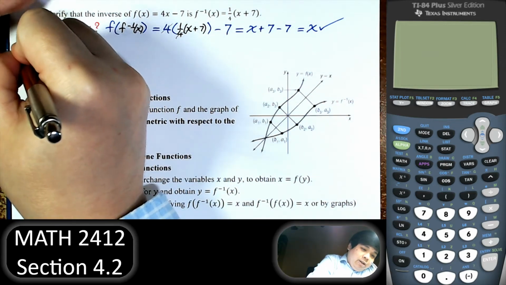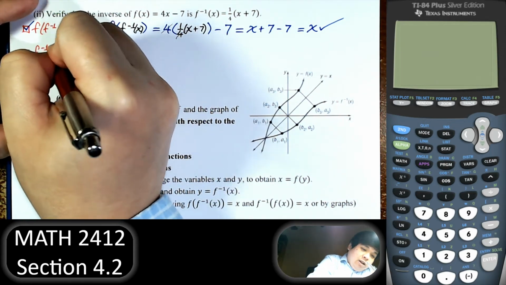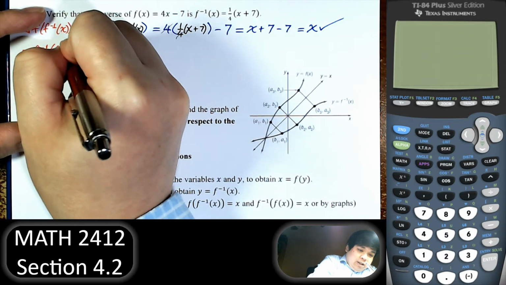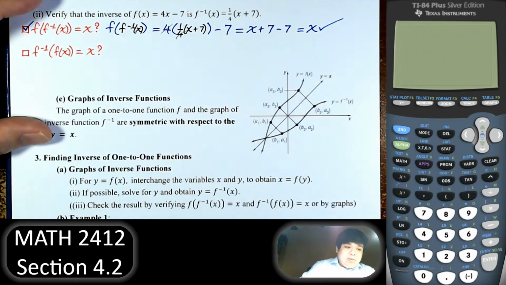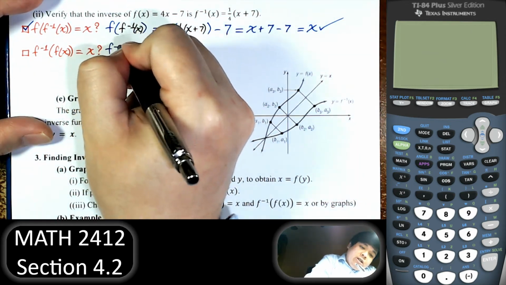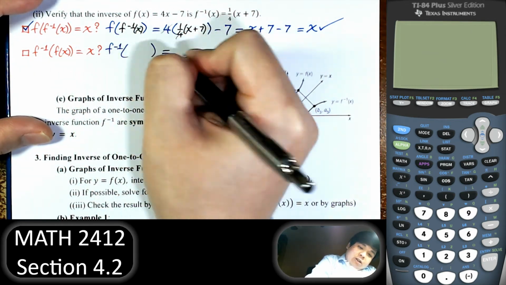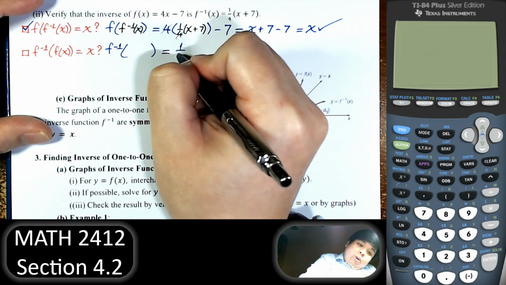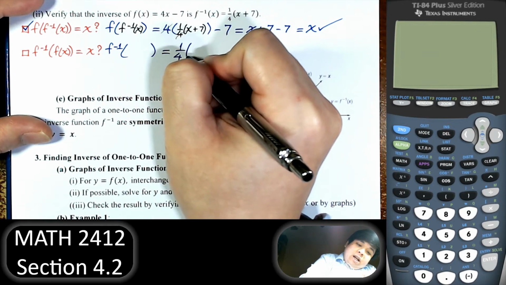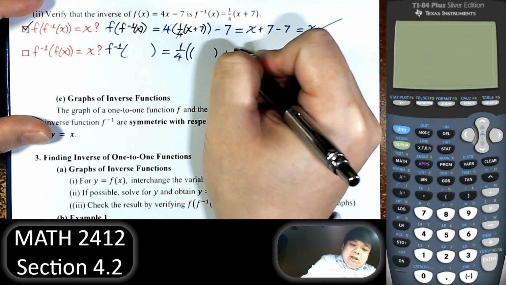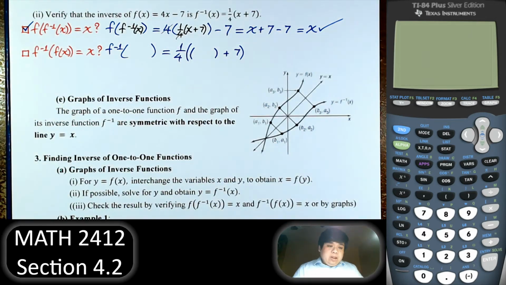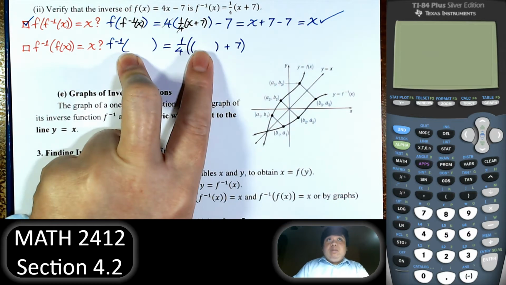Next we have f inverse of f of x, is that equal to x? So we start with the inverse first, the outside function. The inverse function is 1/4. Instead of x, I'll put the parentheses. Whatever I put in the parentheses must be the same.